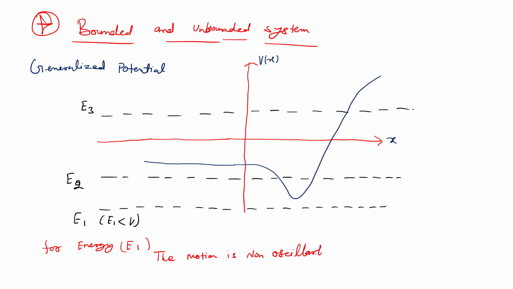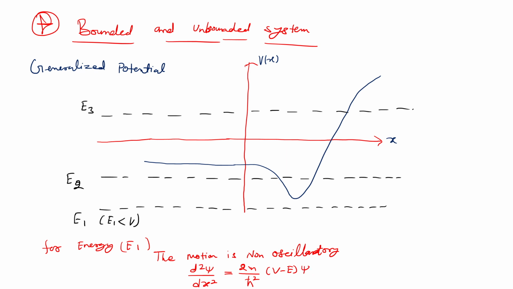Okay. So in that case, how the motion will be, that we have to check. So here we have the one-dimensional Schrödinger equation: d²ψ/dx² = (2m/ħ²)(V − E)ψ, if you remember.